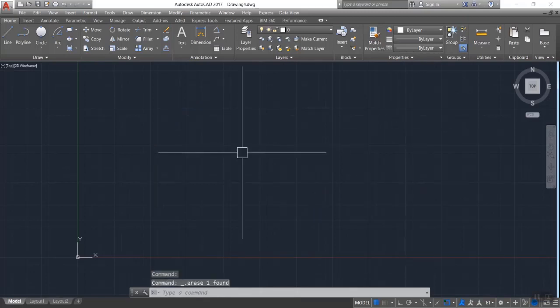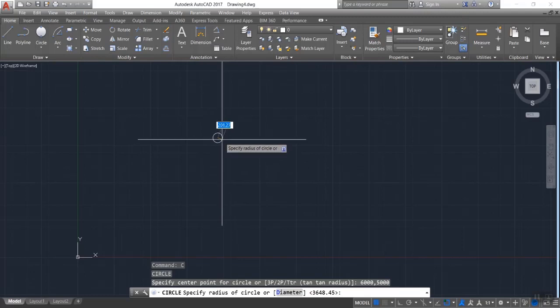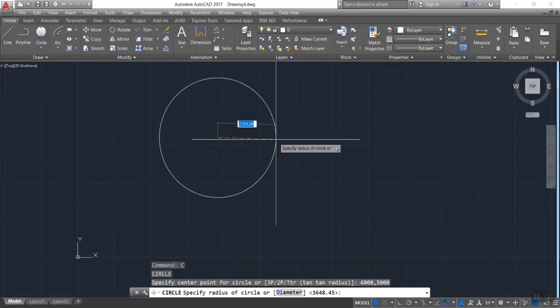One is circle radius, that is the normal method, C enter, and then we need an x coordinate and a y coordinate, we can mention that. Okay, let's mention the x coordinate and y coordinate. Okay, I am putting 6000 comma 5000. So now I got the x coordinate and a y coordinate, and now it is the radius method.